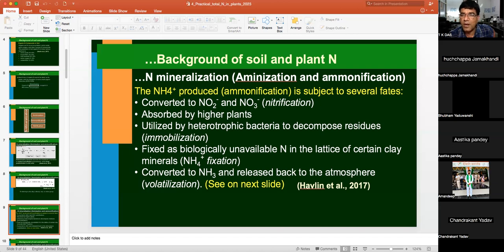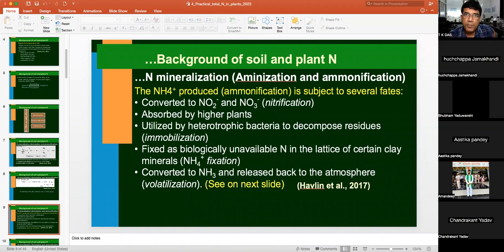This ammonium ion has a size almost identical to the size of the spaces in clay micelle or clay minerals. Inside, they have spaces where this ammonium can enter, and it is temporarily fixed in the clays, which is known as ammonium fixation.